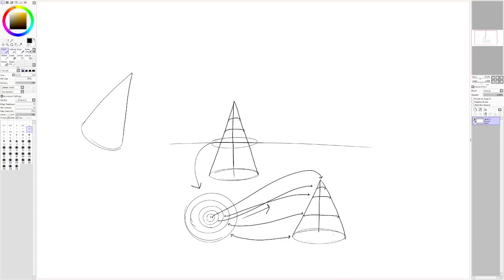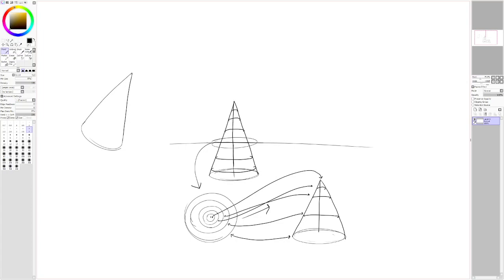Because we're looking from the bottom up. And these ellipses down here are going to be like that, because we're looking from above down based on the horizon. I believe that's the right way to think about it.